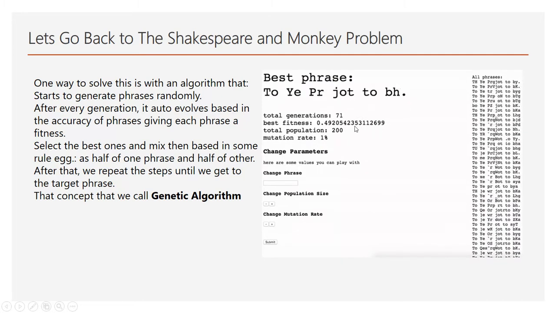We can also see the total population and the mutation rate, the percentage we are mutating. This is just a GIF from a code, and in the next video I will show you how it works with Python, C++, Java, Rust, or JavaScript.